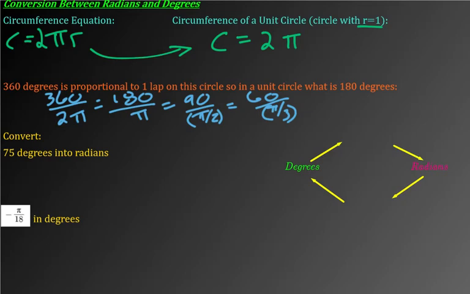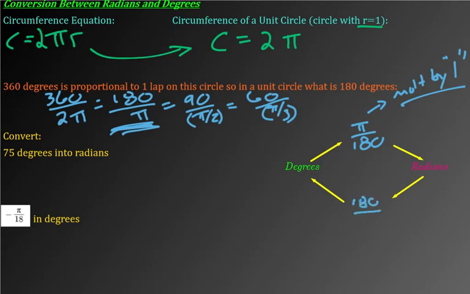If you want to go degrees to radians, just multiply your degrees by pi over 180, which is basically like multiplying by a 1, right? Which shouldn't change anything because those two are proportional. If you want to go radians to degrees, you just multiply by 180 over pi, okay? Same thing, it's just still like multiplying by a 1.